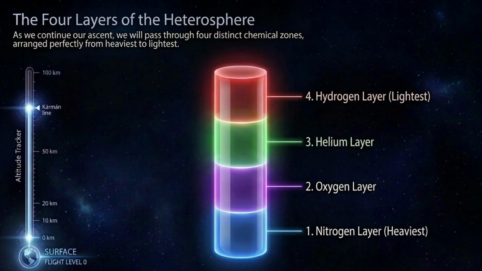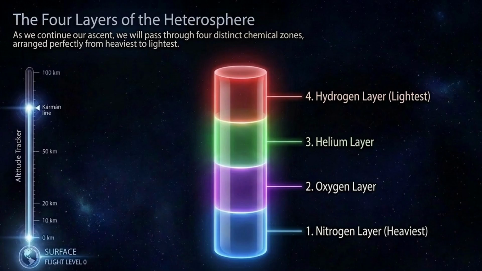Now let's look at the four major layers of the heterosphere. As we move upward through the heterosphere, the gases become progressively separated according to their molecular mass. The first layer is the nitrogen layer or molecular nitrogen layer, where nitrogen, which is relatively heavier than the gases above it, is more dominant.